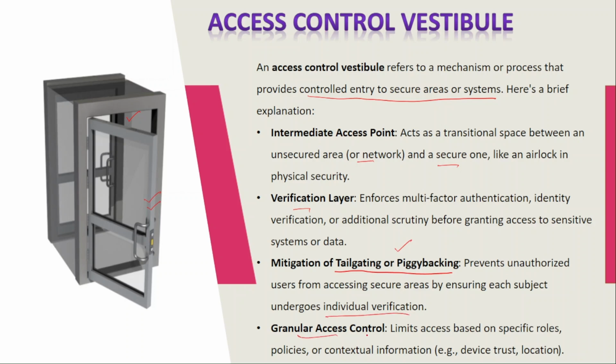Granular access control, so it limits access based on specific roles, policies, or contextual information such as device trust or location. This one is not very relevant to this physical control, so forget about this last point. But the main point to remember here is that it prevents tailgating or piggybacking, which are basically physical intrusion attacks.